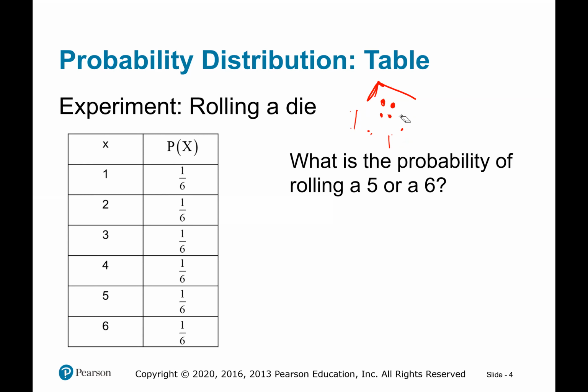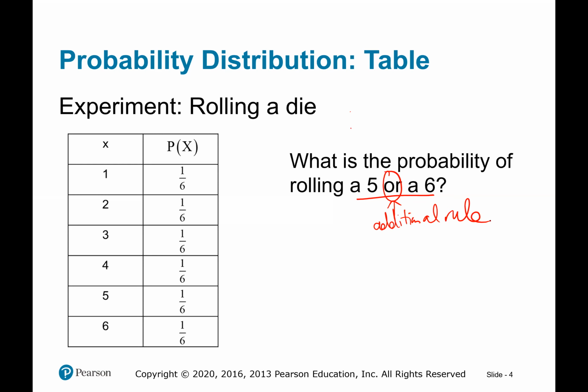Now the question is, what is the probability of rolling a 5 or a 6? You should know that the word or makes you think about the addition rule, right?